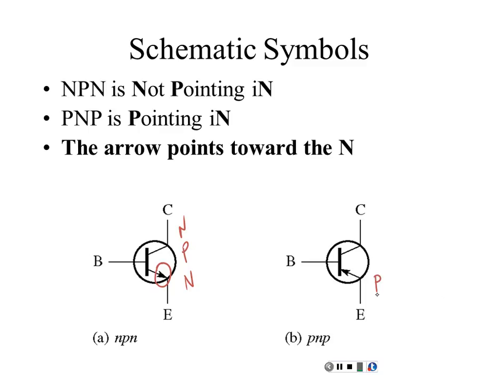What is it? It's pointing in. So it's a PNP. That's as simple as I can possibly make it. You look at the arrow and see which way it's pointing. If it's pointing out, then it is not pointing in, right? You understand? Are you okay?